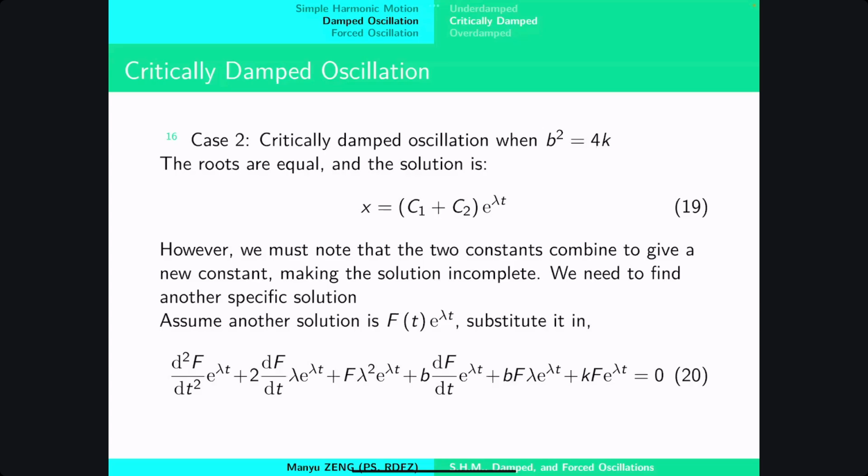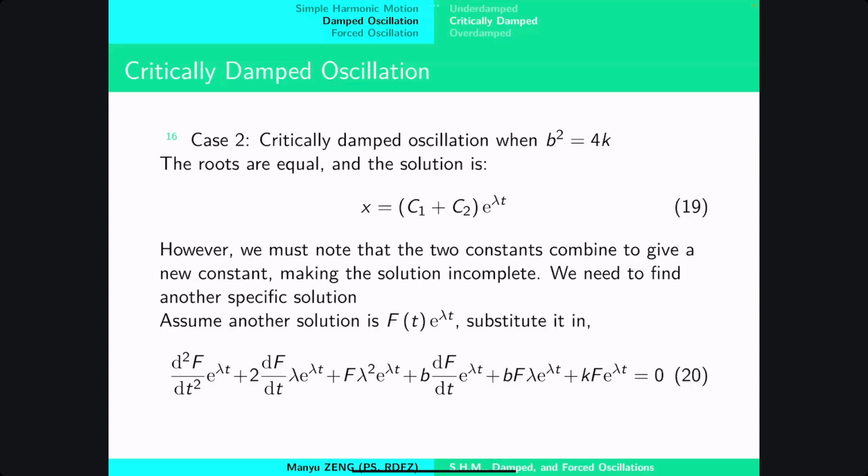We can observe the terms that contain f. Actually, all the terms contain f, but some contain f in df over dt, and some contain f in d squared f over dt squared. So these are the differentiations of f. Now we can observe the terms that contain f without differentiation.